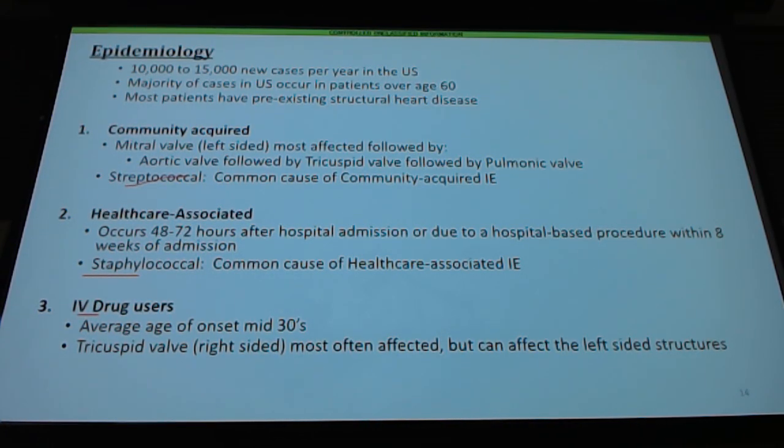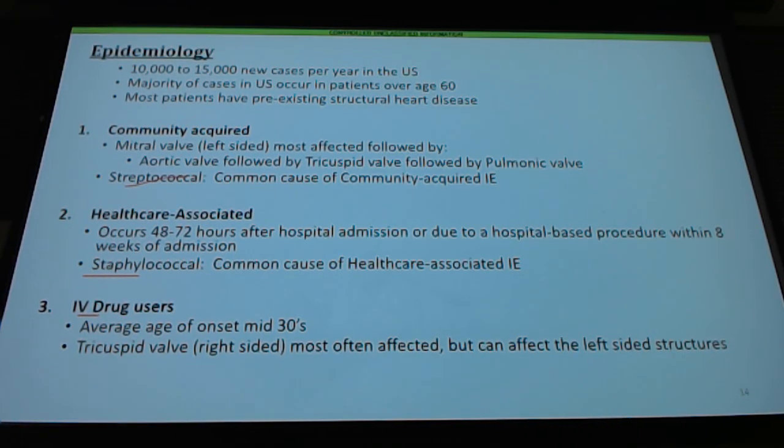Because they don't use proper technique and don't have sterile drugs that they're injecting, they tend to get some very nasty bugs, including Pseudomonas and those types of things. But because they're injecting directly into the venous system, it also tends to be more of a right-sided condition compared to a left.